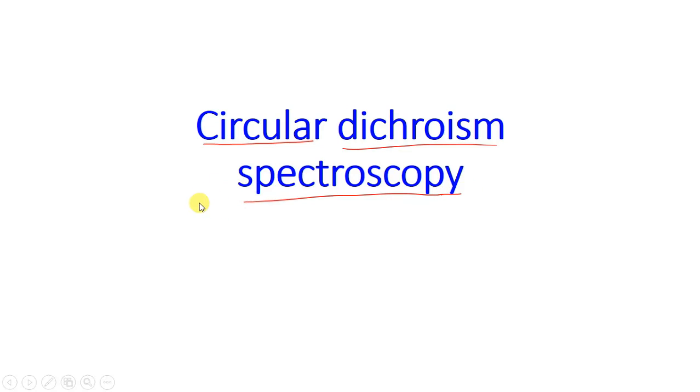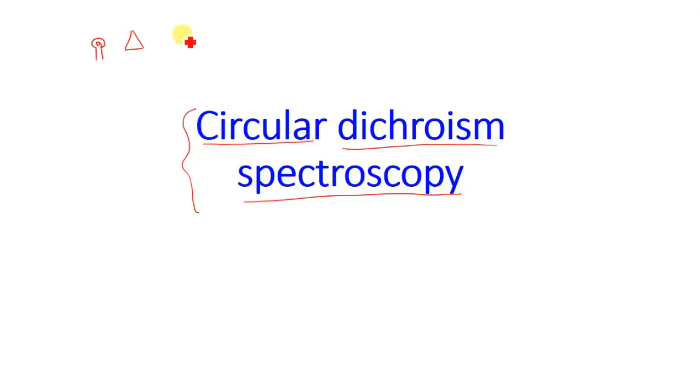So let us first look into the absorption spectroscopy, what we have learned till date, because this is an extension of the absorption spectroscopy. Okay, so till now we have seen in the absorption spectroscopy we have a source and then we have a monochromator.